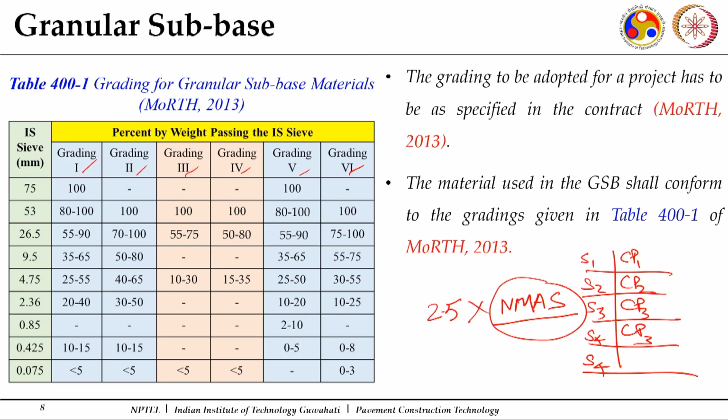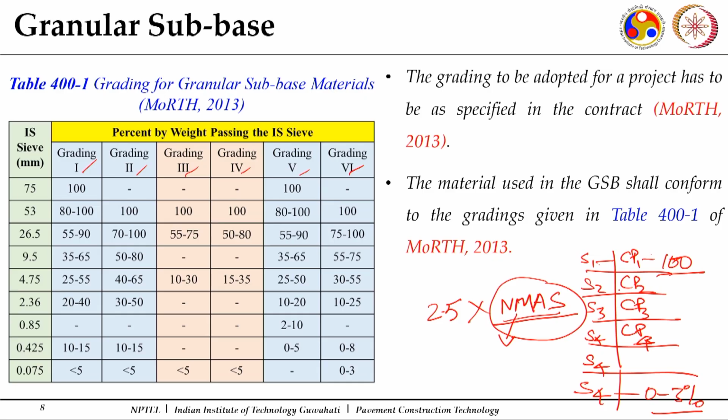Now, here the size which will be on the top, obviously I will have 100% passing material, and there may be a sieve at the bottom where I may have very small material, may say 0 to 3% cumulative percentage passing through it. So, this NMS says it is the size where at least 10% of the material is retained.